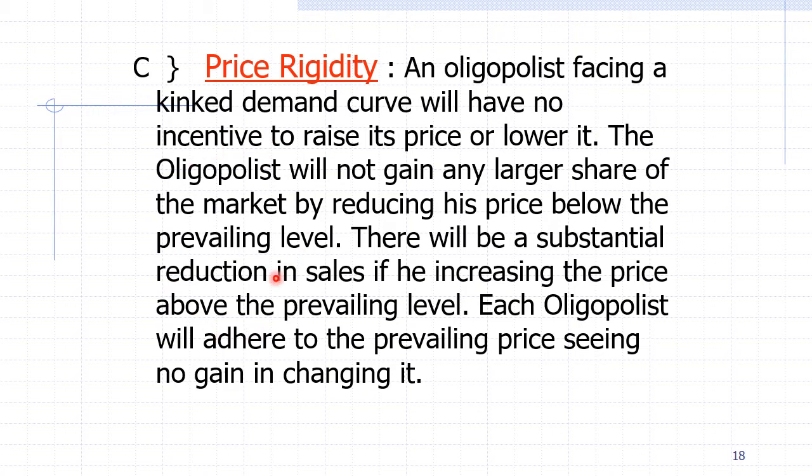I'll give an example from the oligopoly structure in our country. You may have seen there are very few newspaper printing companies. Normally the newspaper price levels are not much different, and they are not changing for a long time. The price levels are very stable.